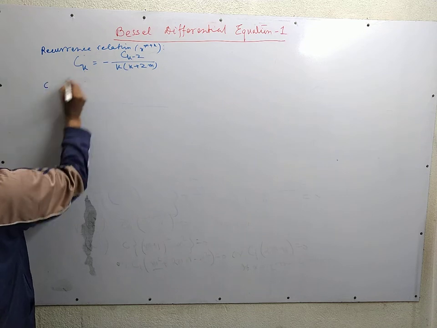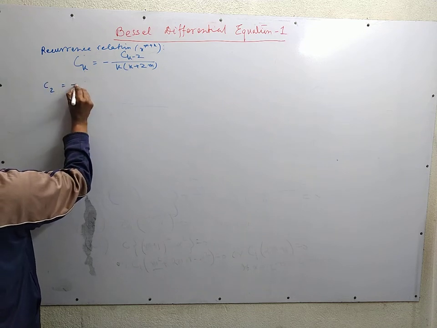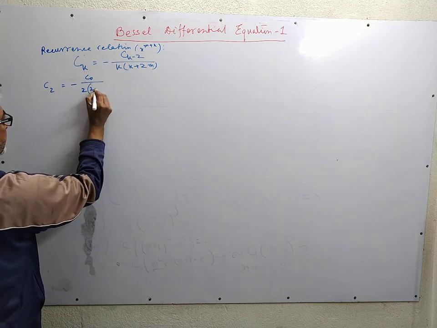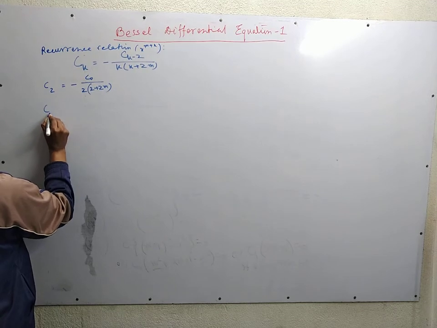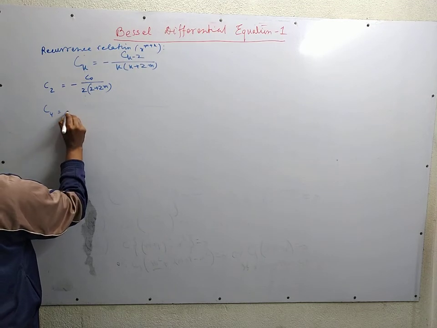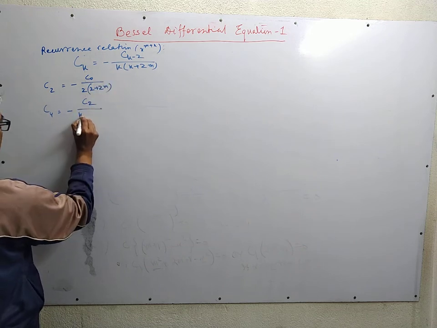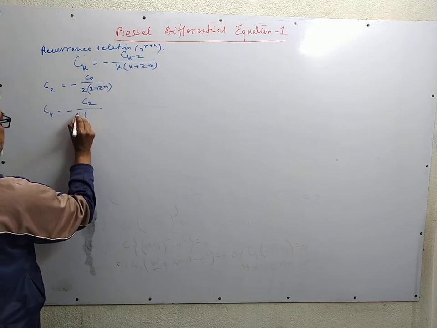So putting k is equal to 2, we get, putting k is equal to 4, we get this.